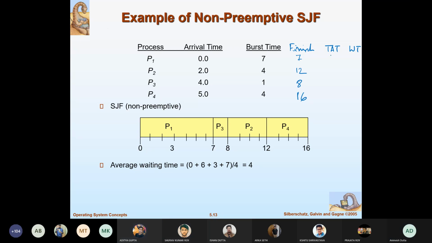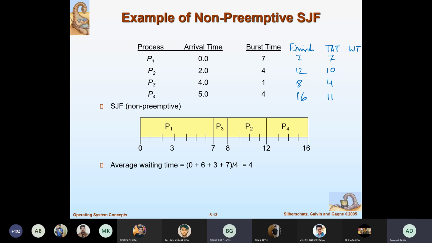What is the turnaround time? 7. What about this one? 10 milliseconds, right. What about P3? 4 milliseconds. For this one? 11.